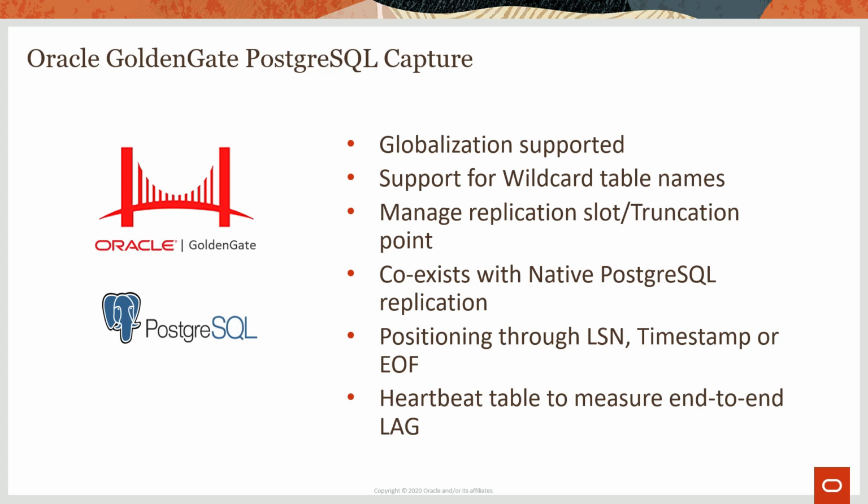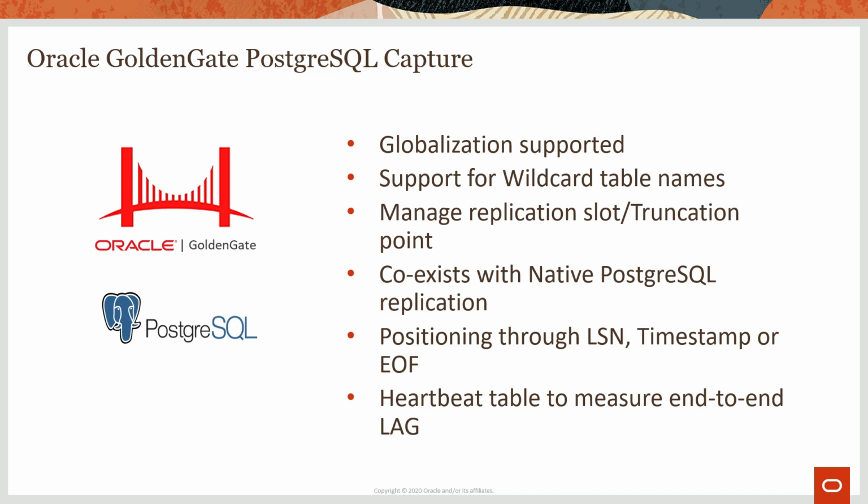You can manage your replication slots or truncation points. This will all coexist with the native PostgreSQL replication, so you don't have to worry about turning any of that off or having any conflicts with the native replication if you're going Postgres to Postgres using some of the built-in functionality.